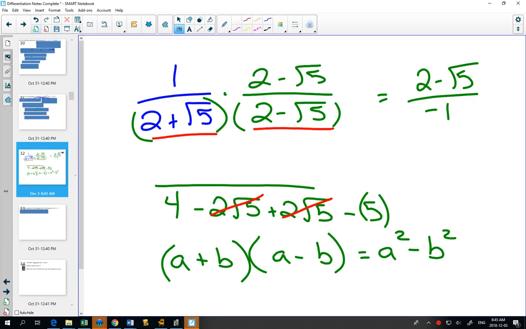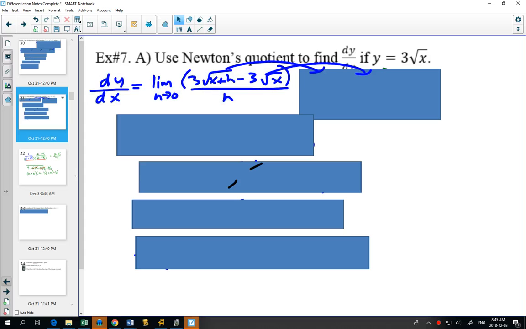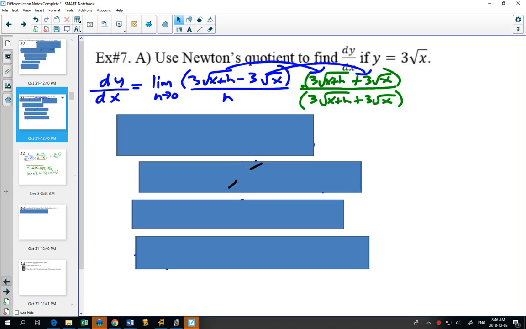So now going back to our question, we're not going to rationalize a denominator, but we are going to rationalize our numerator. So I would have to multiply by the same thing with a different sign in the middle. And I'd multiply the top by that and the bottom by that.